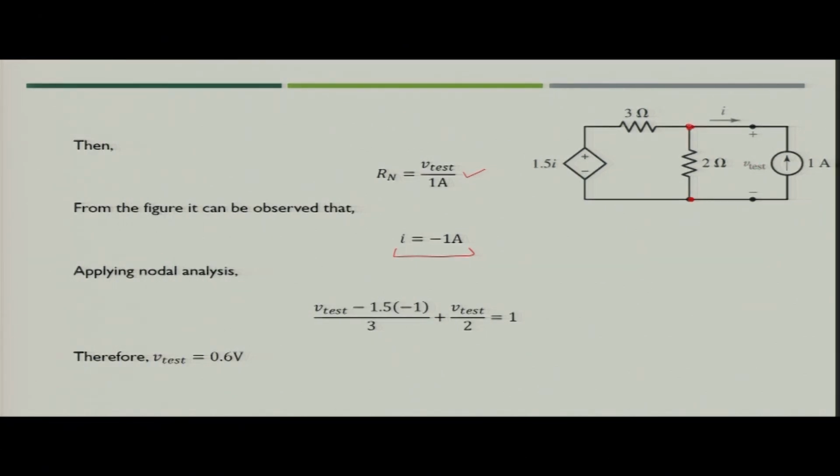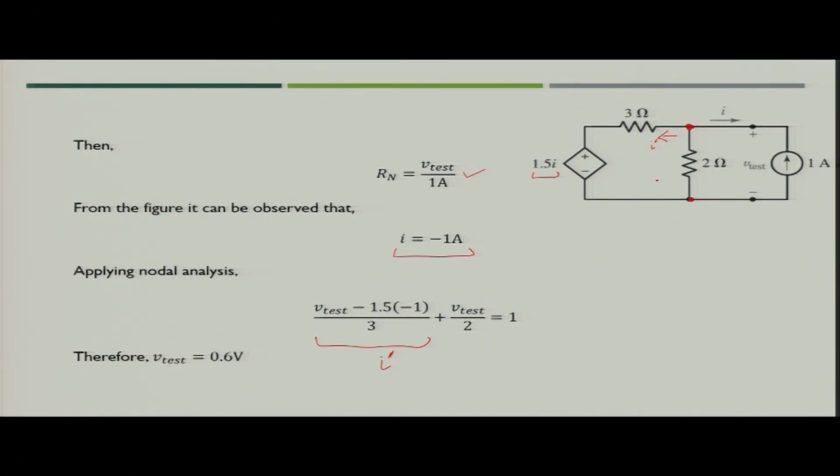So, at this node you will first see V test minus 1.5 into I, which is minus 1 ampere, divided by 3. That is the current flowing in this direction. Let us say it is I dash. So, I dash is nothing but V test minus the value of this dependent voltage source divided by the 3 ohm resistance.